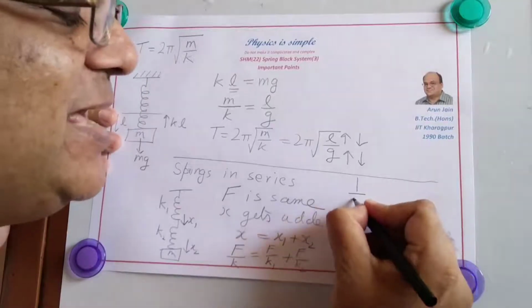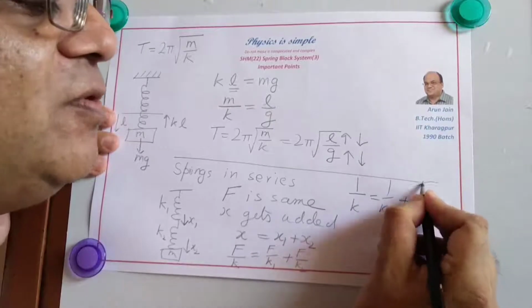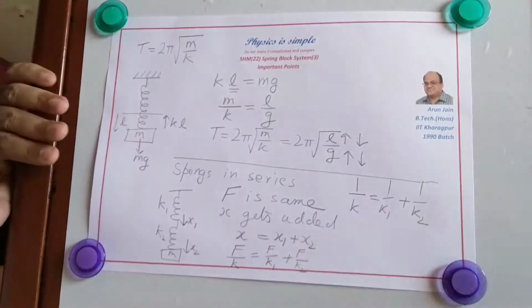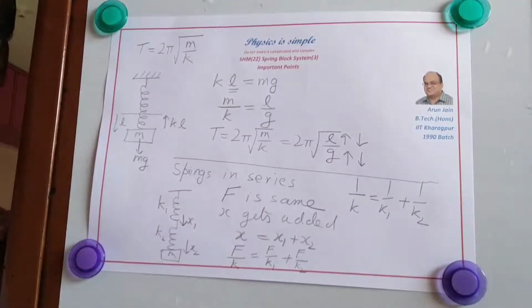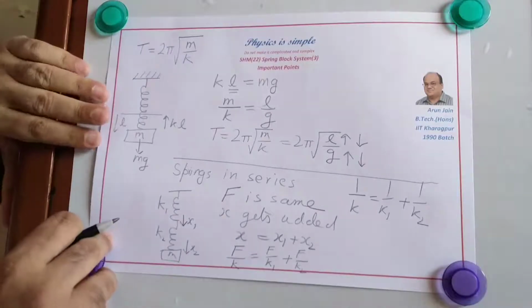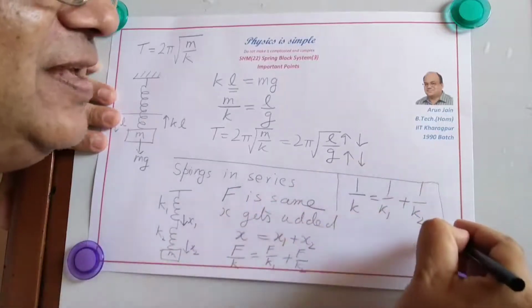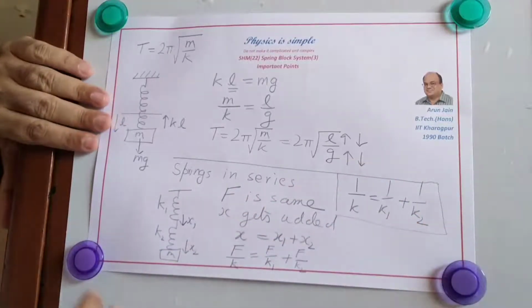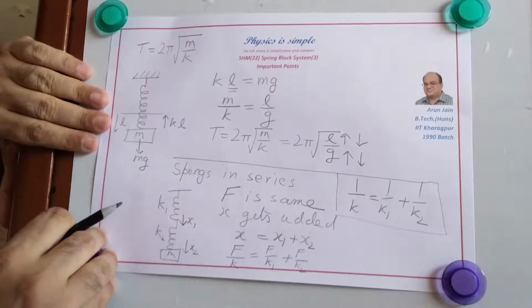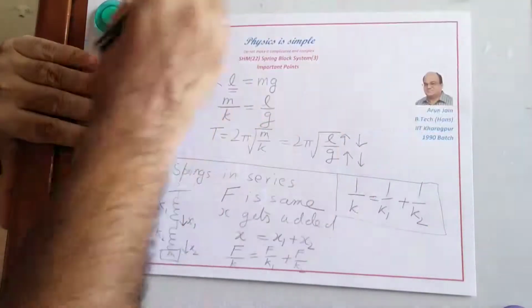Therefore 1 by k is 1 by k1 plus 1 by k2. So when springs are connected in series, the force is same and x gets added, and the formula for springs in series is similar to the formula for resistors in parallel. 1 by k is 1 by k1 plus 1 by k2.